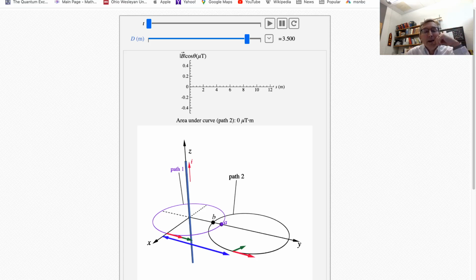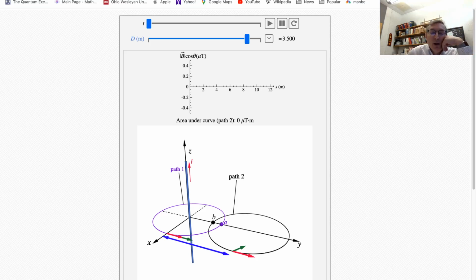When I run the animation, the picture is basically going to do a graphical version of the magnetic circulation, the integral of B dot ds around the loop. And the way it's going to do it graphically, it's going to take the component of B along the loop, component of B along the ds.